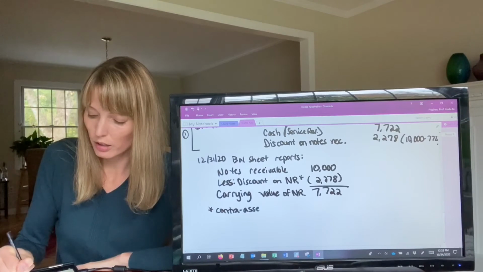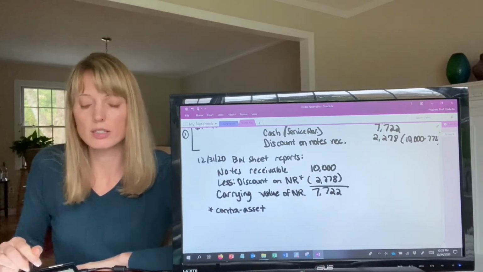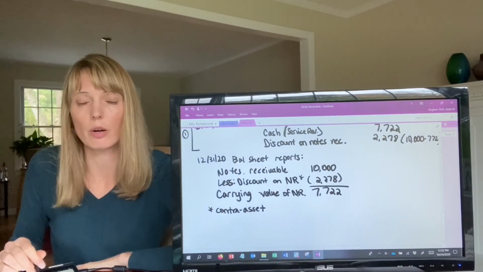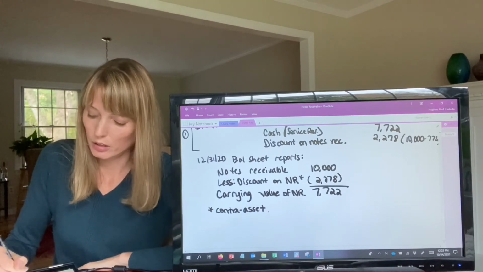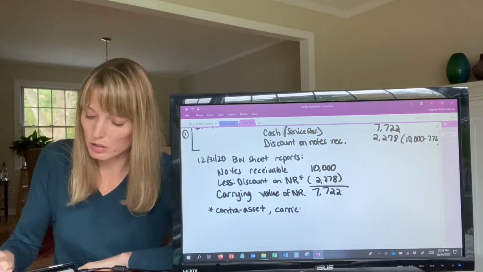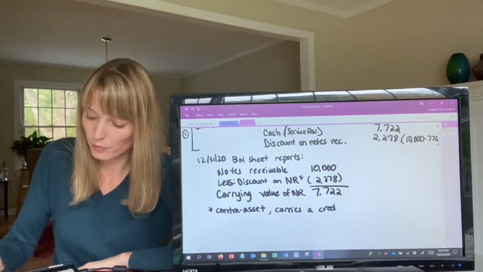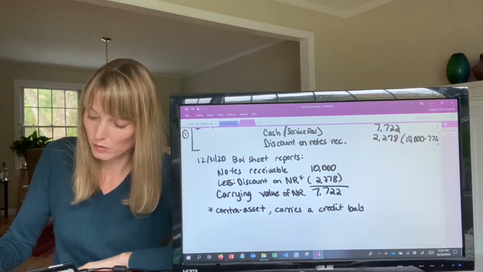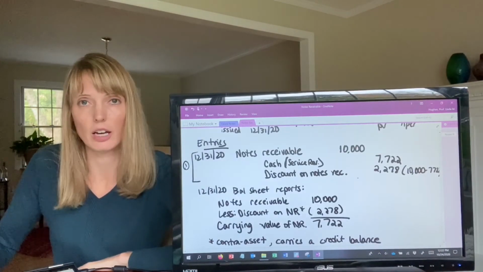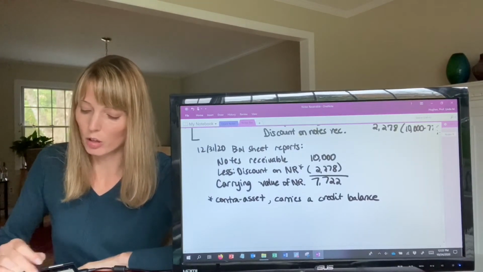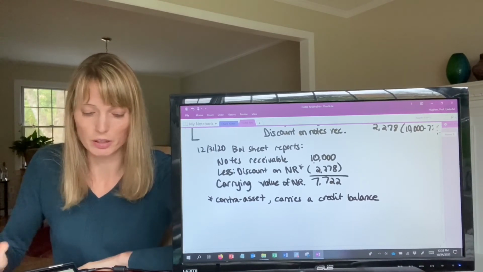Just like accumulated depreciation decreases the value of our plant, property, and equipment, the discount on the notes receivable carries a credit balance, and we can see that here, right? We increase the discount account with a credit, and it always decreases the notes receivable account.